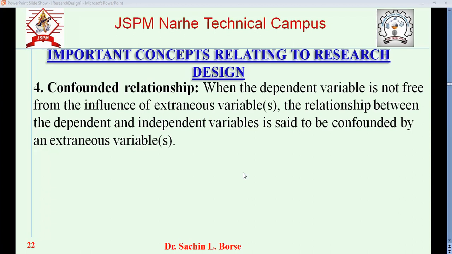The relation between the dependent and independent parameter is called confounded by the extraneous variable. If the relation between the dependent and independent variable is affected by the extraneous variable, then that relationship is called a confounded relation. Confounded relation means we need to take care of the extraneous variable. You have to be careful about the extraneous variable.